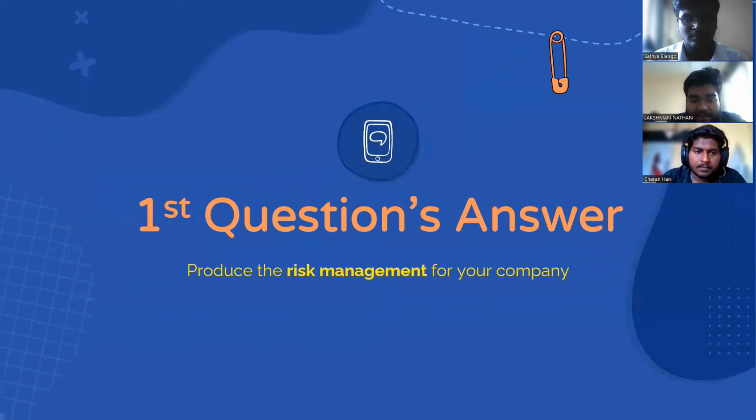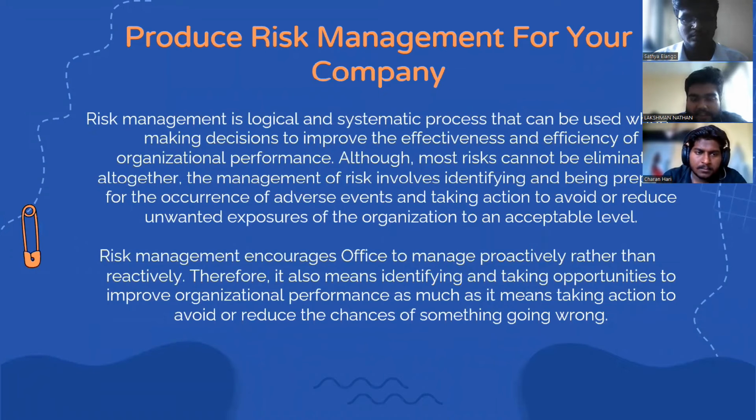So let's see the first question's answer. Produce the risk management for your company. Okay, these are the risk management for our company. Risk management is a logical and systematic process that can be used when making decisions to improve the effectiveness and efficiency of organizational performance.